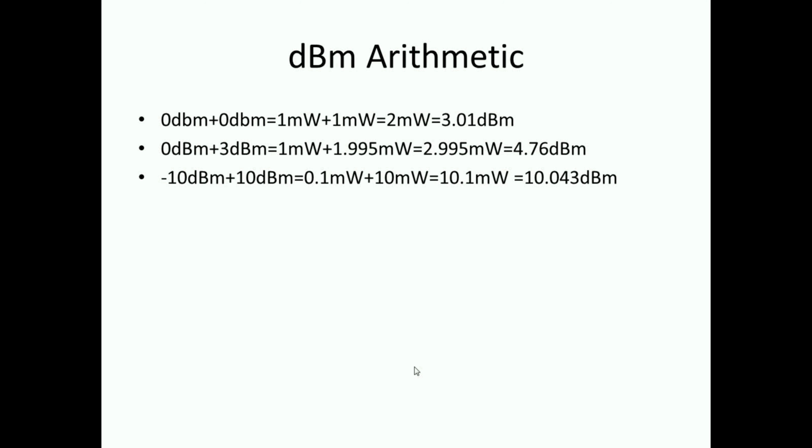So 1 milliwatt plus 1 milliwatt equals 2 milliwatt, which is equal to 3.01 dBm. 0 dBm plus 3 dBm equals 1 milliwatt plus 1.995 milliwatt, which is equal to 2.995 milliwatt, which is 4.76 dBm. Minus 10 dBm plus 10 dBm is equal to 0.1 milliwatt plus 10 milliwatt equals 10.1 milliwatt, equal to 10.043 dBm.